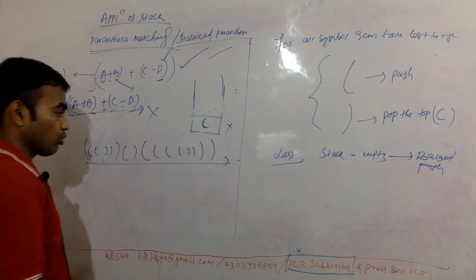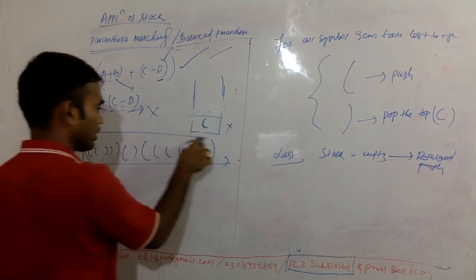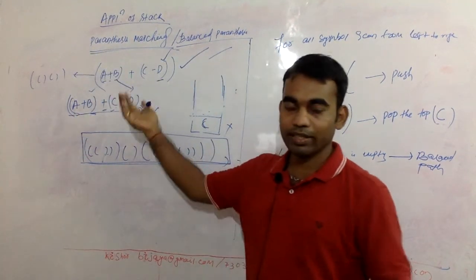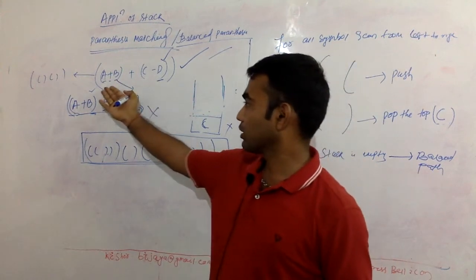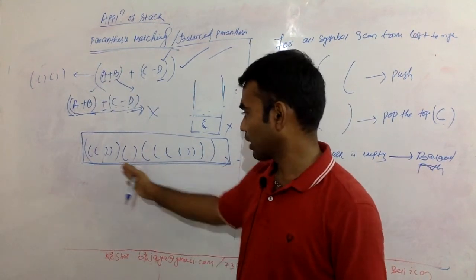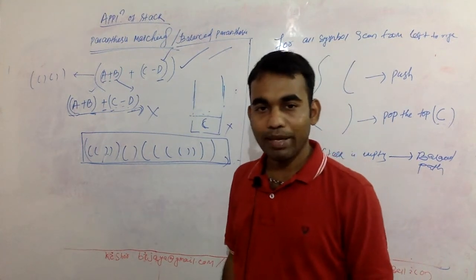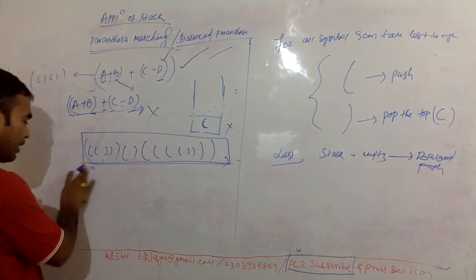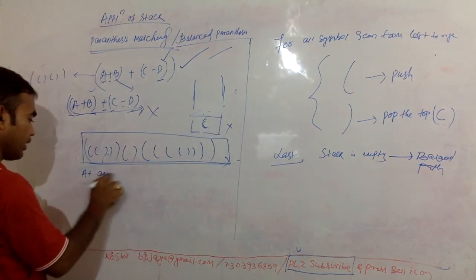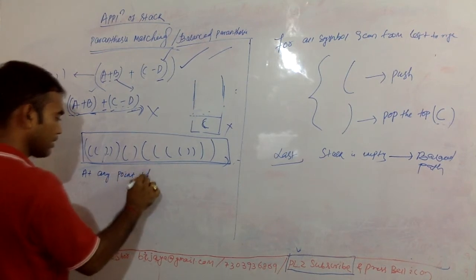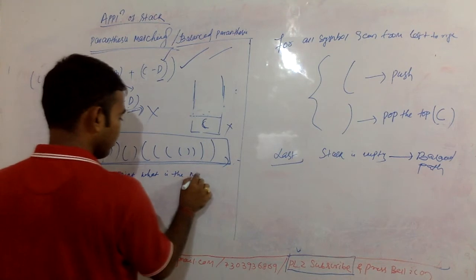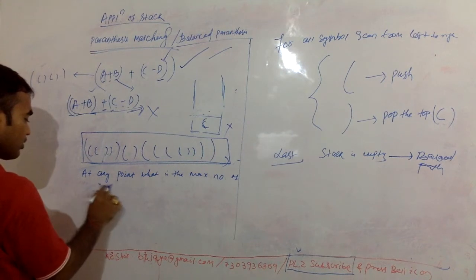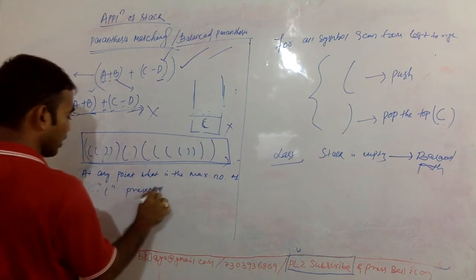Okay, so what is my question? Some expression is given with a similar kind of parenthesis, because in this example also we are not interested in the other symbols, only in left and right parentheses, right? So that's why I made this particular example simpler. My question is: at any point, what is the maximum number of left parentheses present in this stack?